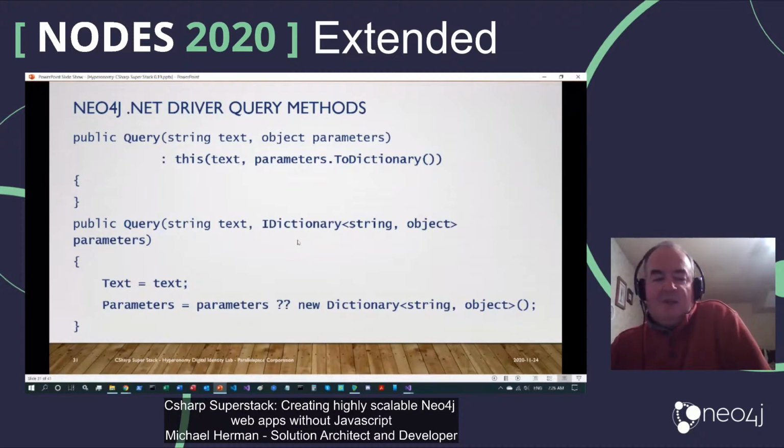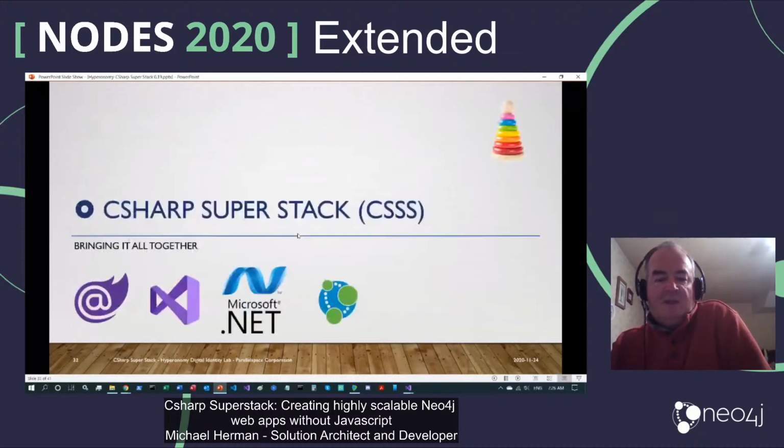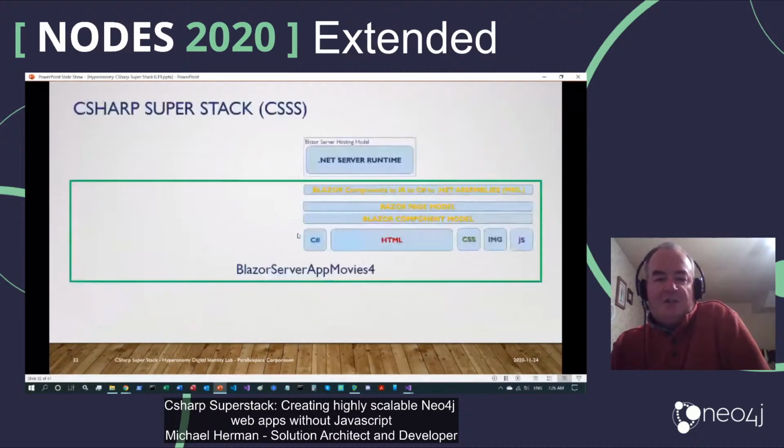That was a key to me to say, well, in this wrapper that I'm going to put around the driver, I'm going to be very dictionary centric in that approach. So that brings us to the actual C-sharp Superstack and its implementation.